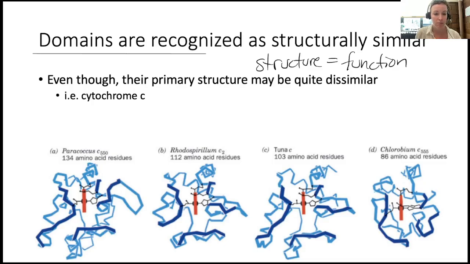cytochrome C has a domain that is very similar in structure to many other types of proteins. Look on the slide below. You can see that all of these 4 proteins shown have this red thing in the center, and they're surrounded by these bits of peptide that are all very close to the same shape.